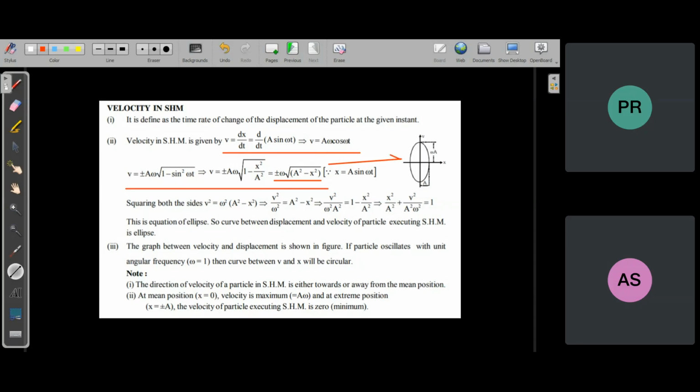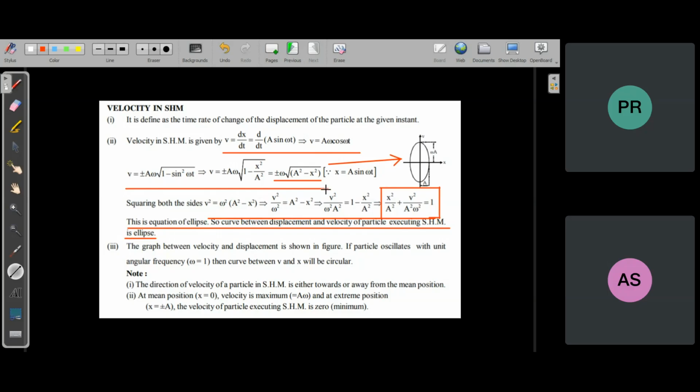You will get this elliptical graph, because you can rearrange this equation and it will come as the equation of an ellipse. So the curve between displacement and velocity of a particle executing SHM is an ellipse.